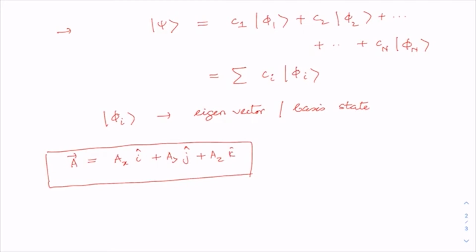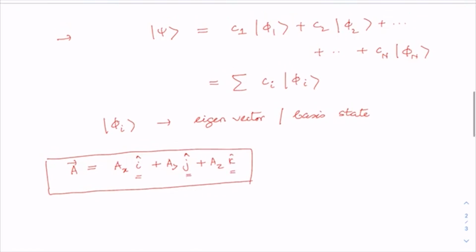So in 3-dimensional space, you need 3 unit vectors to define the vector. In a similar spirit, in n-dimensional Hilbert space, you need n number of eigenstates or basis vectors to define an arbitrary state vector, say psi.